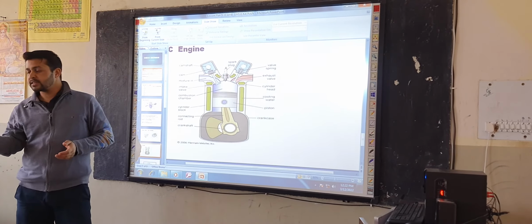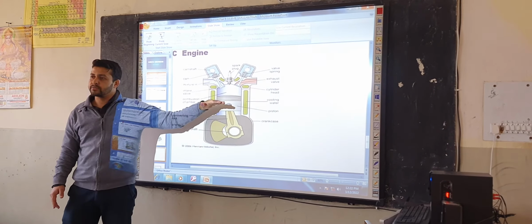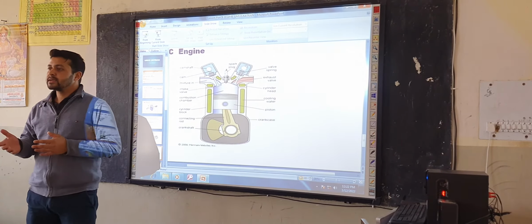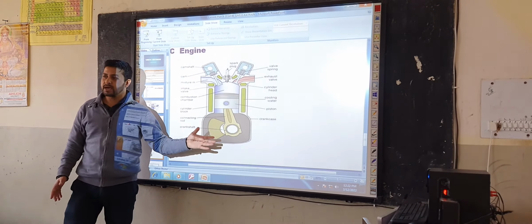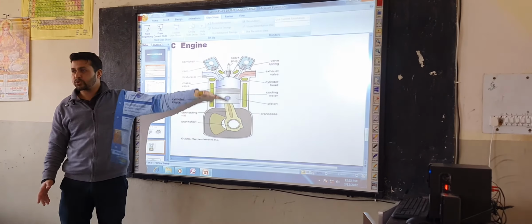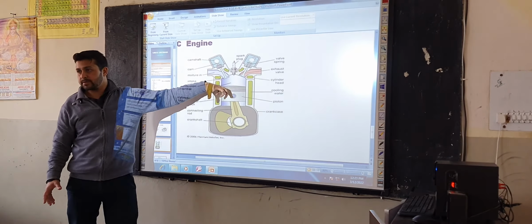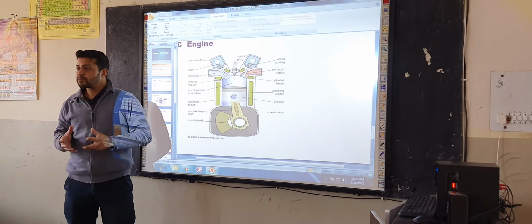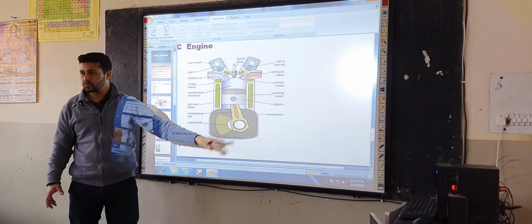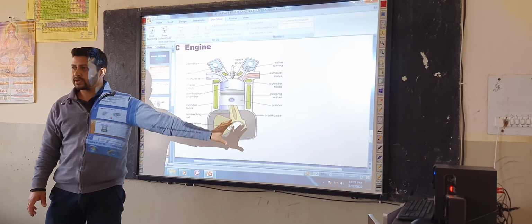In modern engines we use 4 strokes: suction stroke, compression stroke, combustion stroke, and exhaust stroke. All these strokes occur due to the piston. The function of the piston is to reciprocate inside the engine, and its other main function is to deliver the power produced from the combustion through the connecting rod to the crank. This is your piston. Okay, understand?